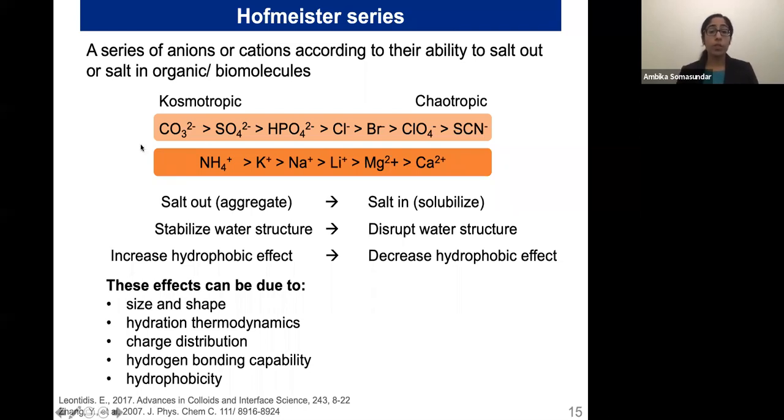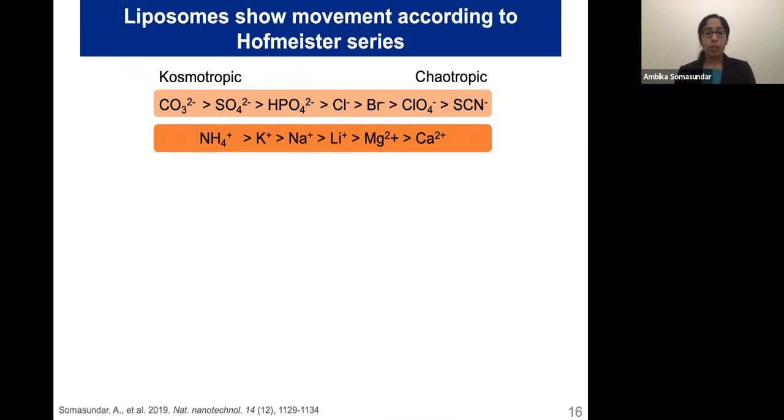Carbonate does not associate well with the hydrophobic part of organic biomolecules and repels them, while thiocyanate is able to associate with the hydrophobic part and attract them. What we observed is that the ions that cause negative chemotaxis of liposomes all lie on the left side of the Hofmeister series.